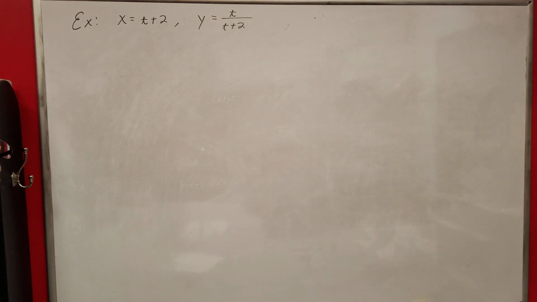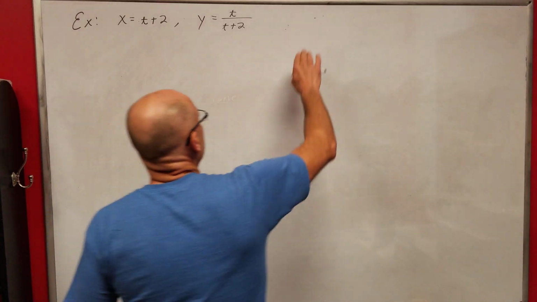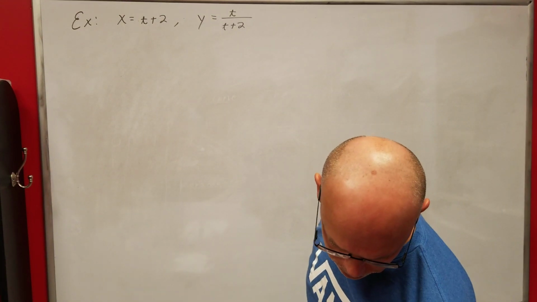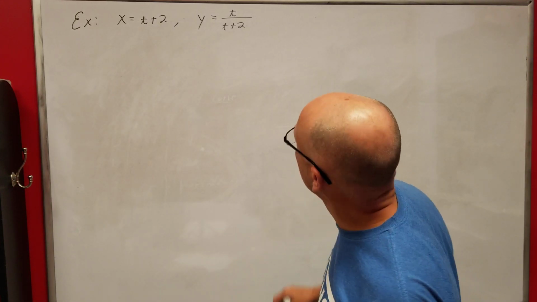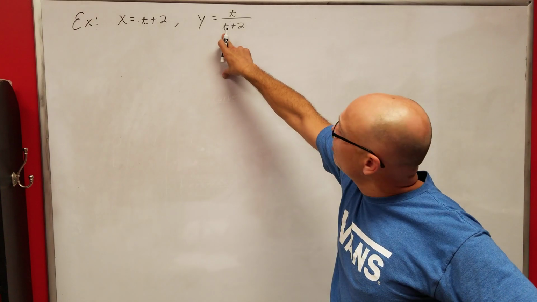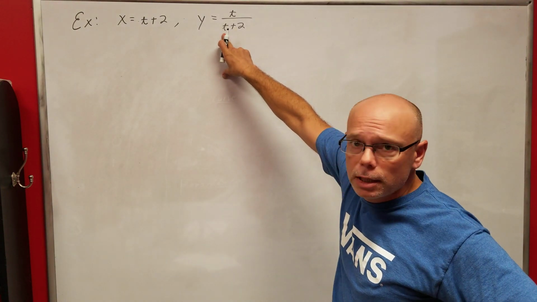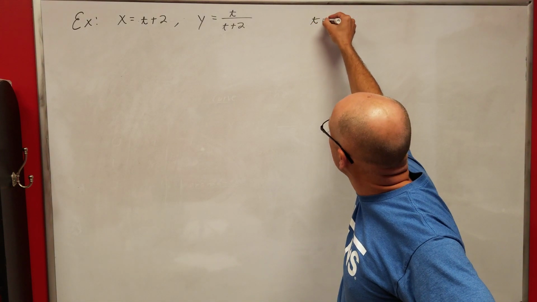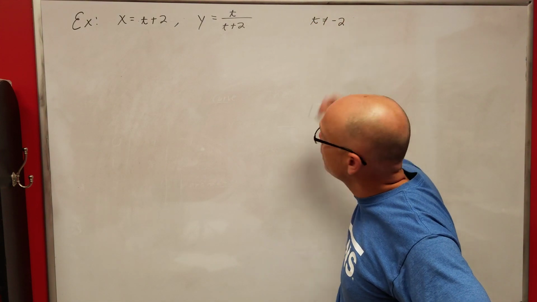Now I'm going to try to eliminate the parameter t here, okay? But I need to make some observations here. They don't give me any particular t values, restrictions. All right, so right here, t cannot be -2 because that'll make this undefined, right? So t cannot be -2.